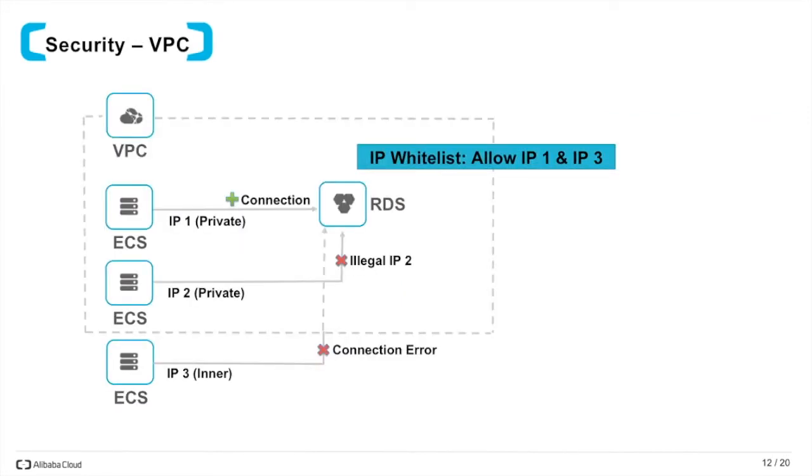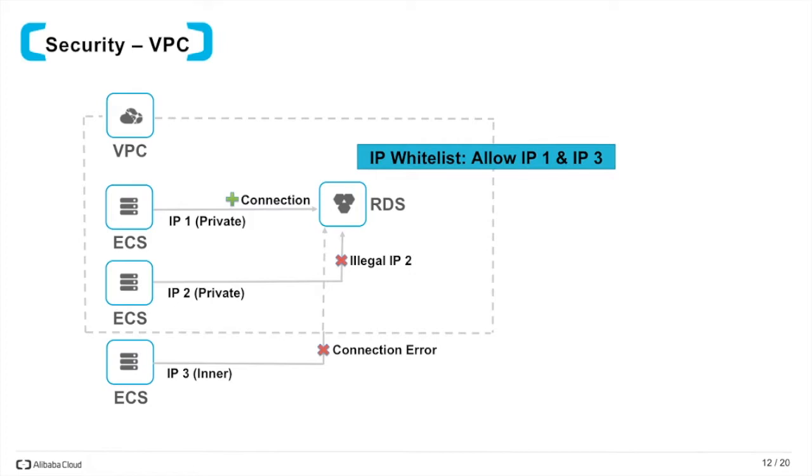You can choose your network type and purchasing time, whether it could be the classic or VPC. If you select VPC, the instance will be located in a specific VPC because illegal requests can't penetrate from VPC to RDS instance.